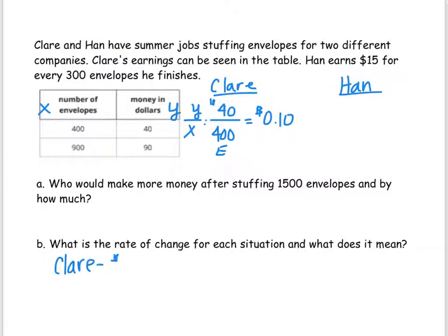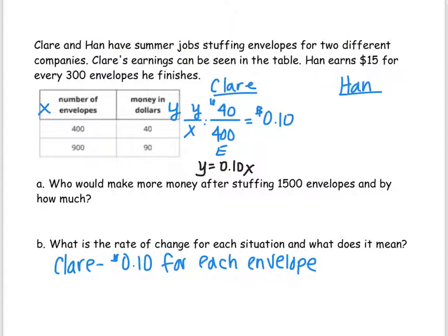The constant rate that she's getting is 10 cents for each envelope she stuffs. So that means I can now write the equation. To get the amount of money she earns, Y, at any time, we can take her constant rate of 10 cents and multiply it by the number of envelopes.